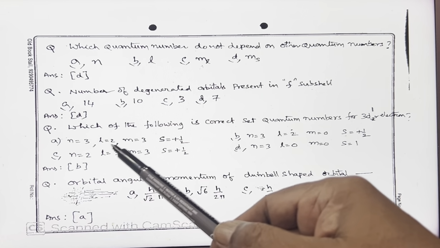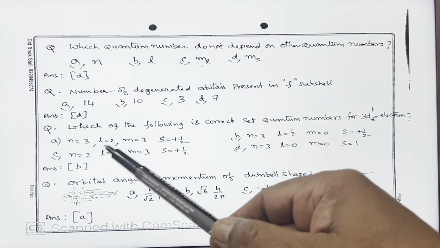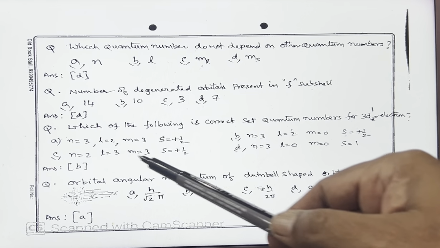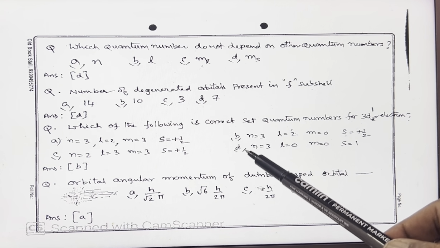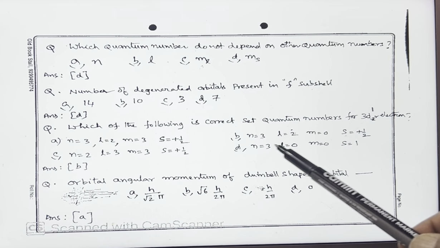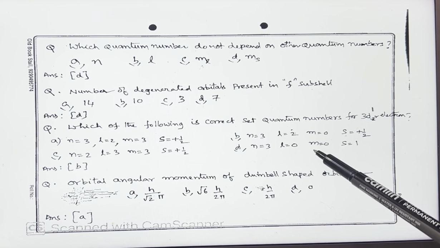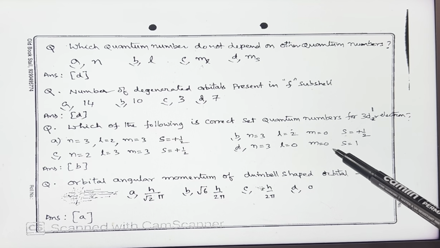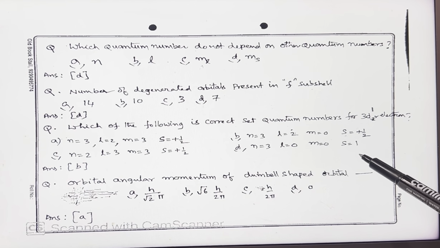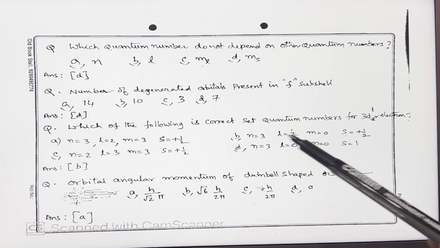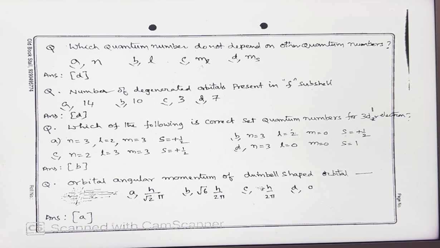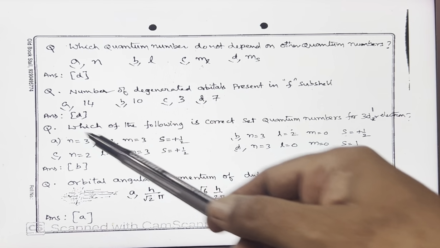So L is equal to 3 fails here, and you need not bother about all the others. Here, n is equal to 3, L is equal to 0, it is okay, L value is less than n, m is equal to L, okay. S is equal to plus half or minus half, but it won't take 1. It should be either plus half or minus half. So here the spin quantum number is deviated. So, B is the correct answer for this question.